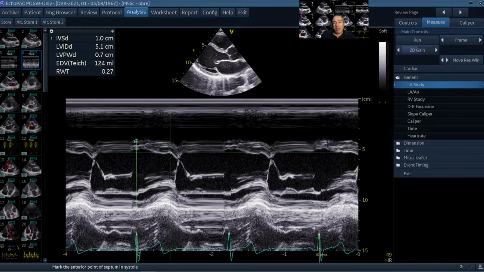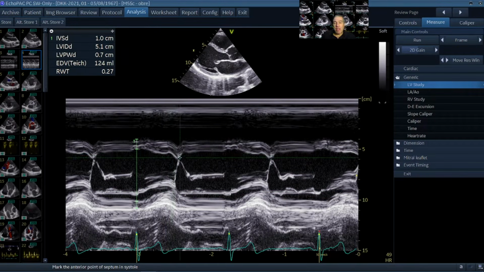And you also notice that the septum has its maximum inward motion at a time when the anterior mitral leaflet already obviously has maximal opening. So from what I told you before, this cannot be end systole here. End systole is this point here, which is at the same time when the posterior wall has its maximum inward motion.